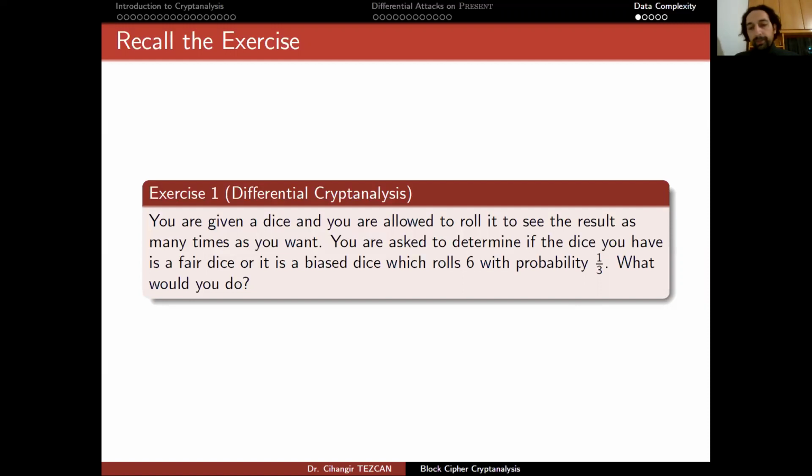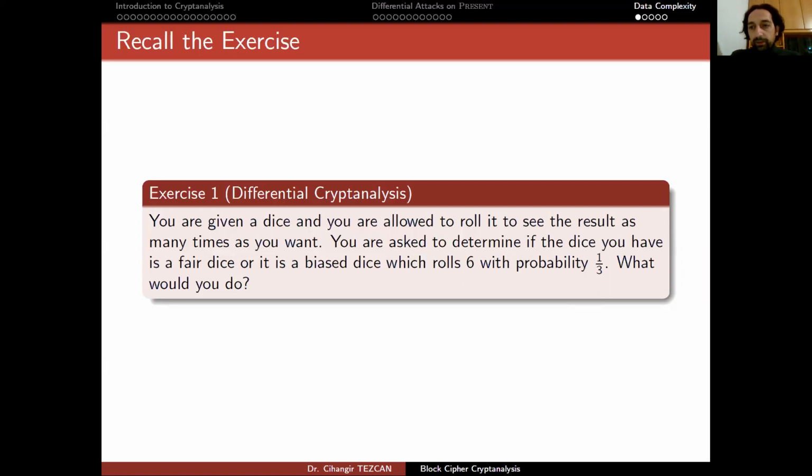So increasing the number of experiments means increasing the amount of data, and since you perform operations on the data, it also increases your time complexity.